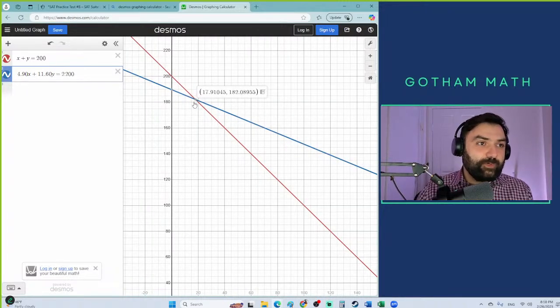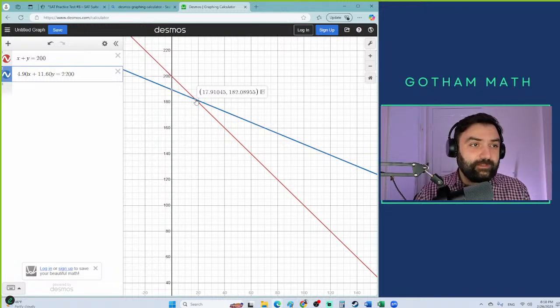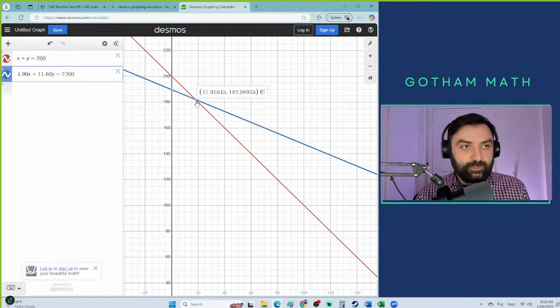So 17.9. You see the fact that they said what is the maximum amount? It's not an accident. So 17.9 would be the x coordinate and 182 will be the y coordinate. So the maximum will be, well, it goes a little bit over 182. So the maximum amount will be exactly 182.